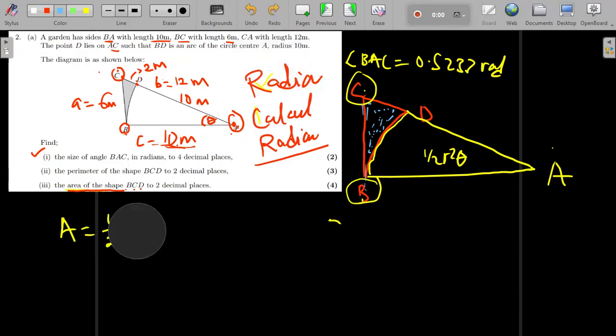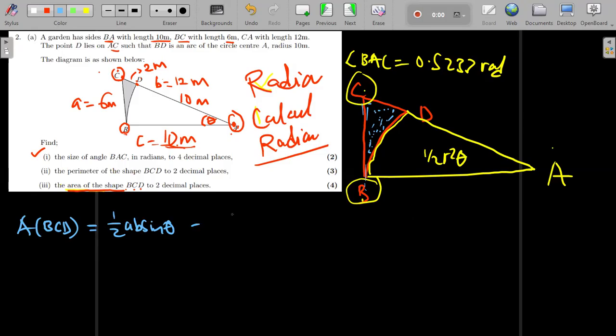Let me rewrite the formula. The area of BCD is just equal to the area of the triangle, which is half AB sine theta, minus the area of the sector, which is half r squared theta. So what is our A and what is our B?